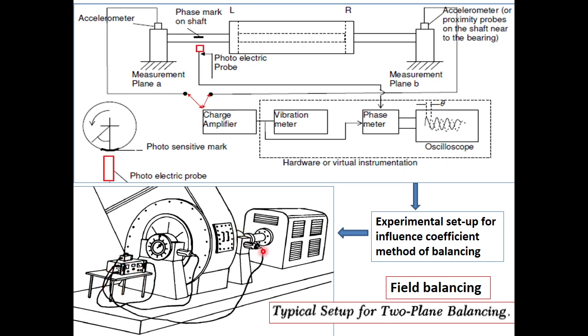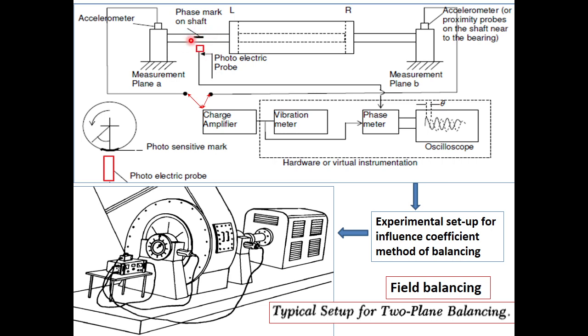See, this is plane A, plane B, with vibration sensors. There are the vibration indicator and the rotational speed indicator. What else is there? A photoelectric probe, the phase mark. There was an angle indicator, right?